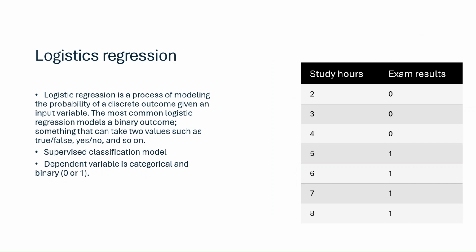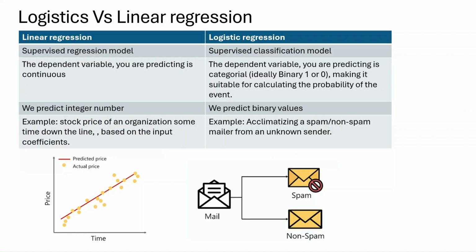So this is what the dependent and independent variables look like, and it's a supervised classification model where I keep on classifying between the dependent and independent variables and categorically finding out the results. So, what is the difference between logistic and linear regression? Logistic regression is a supervised classification model, and linear regression is a supervised regression model.